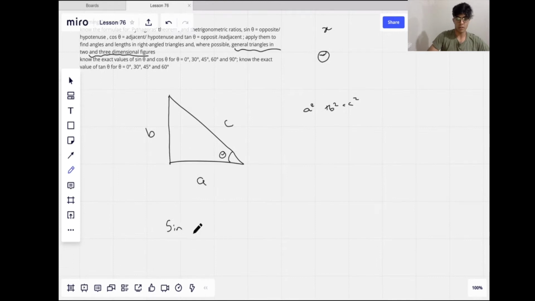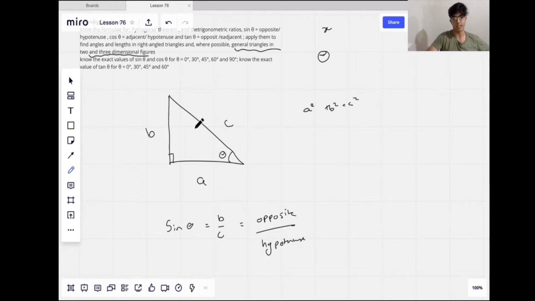There's a sine button on your calculator. If you put sine of theta for a right-angled triangle, it will equal b over c, or opposite over hypotenuse.